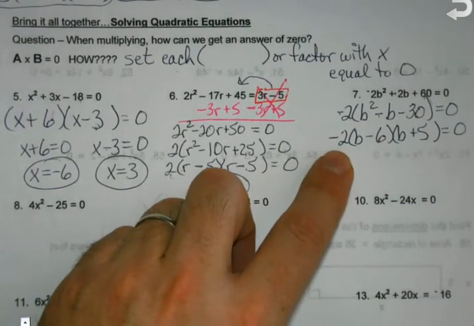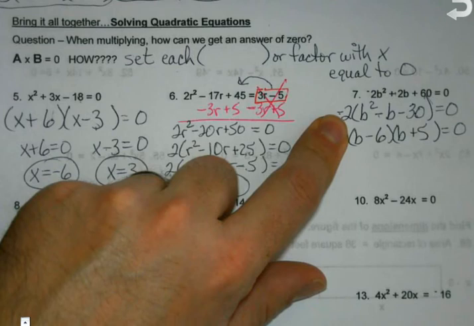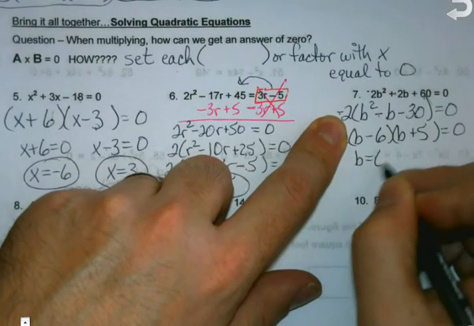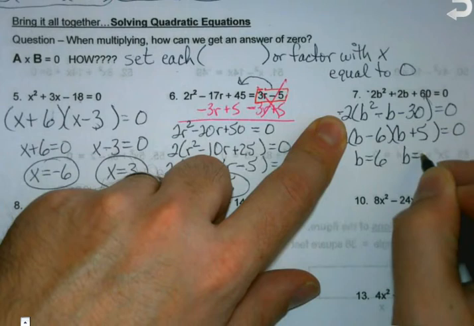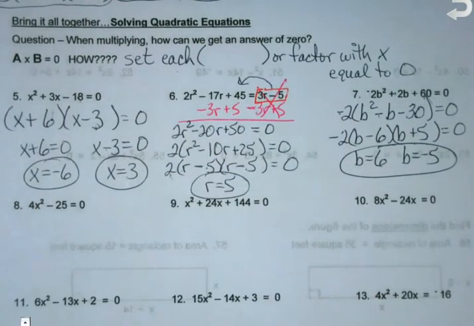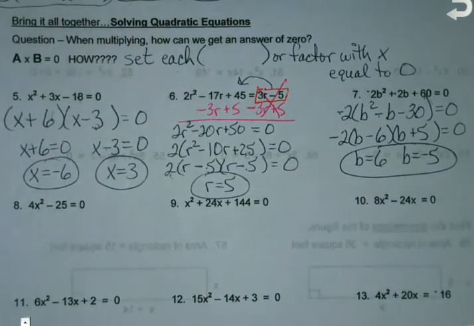Again, the negative 2 doesn't have a variable with it, so we kind of ignore it. Set each of these equal to 0. And basically, we're just doing some sign changes. So a lot of these will end up with 2 answers. Occasionally, you'll end up getting one that has only 1. So then, some of you, this is your all-time favorites coming up here.